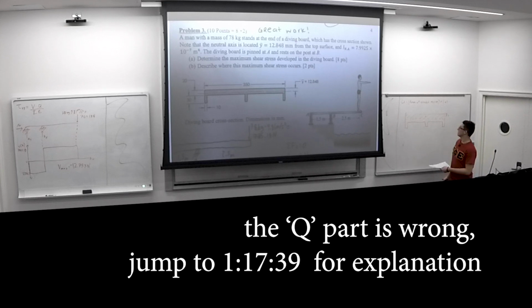I think the actual equation he's going to give you on the answer sheet on the test is written as Q is equal to y bar times A. So A was that area, y was that distance. This is exactly what it is in the formula sheet.